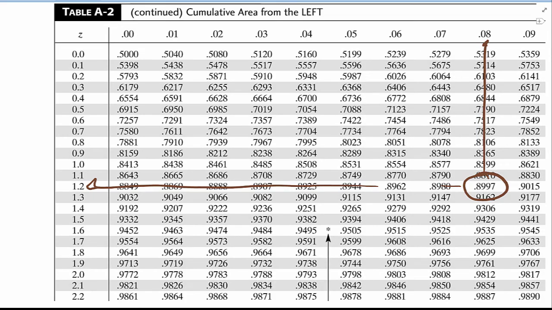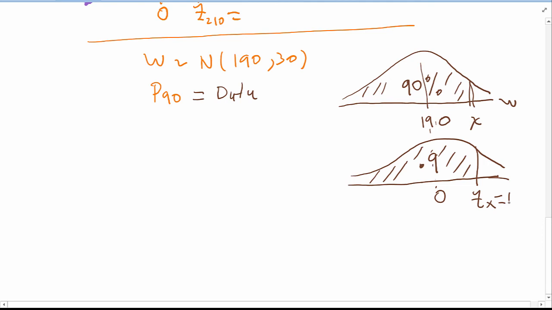So this is 1.28. So I have the z-score of x, but I don't really want the z-score of x. What I want is x. But I know that the z-score of x is x minus the mean divided by the standard deviation. Now I have everything in this formula except x, because the z-score of x is 1.28.